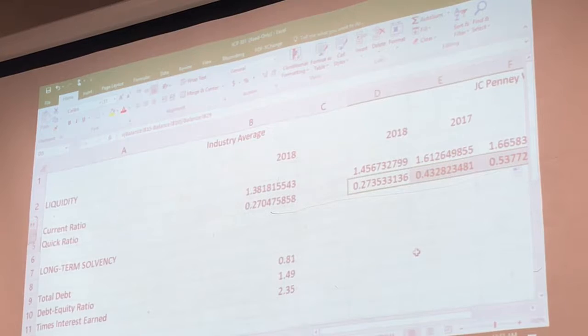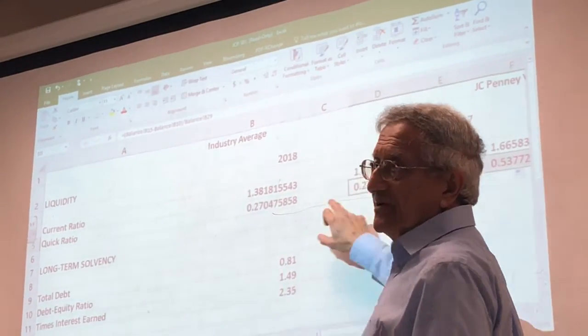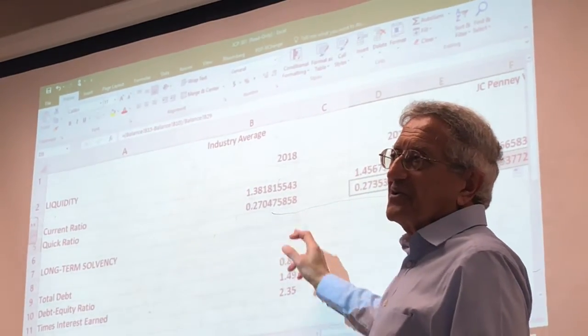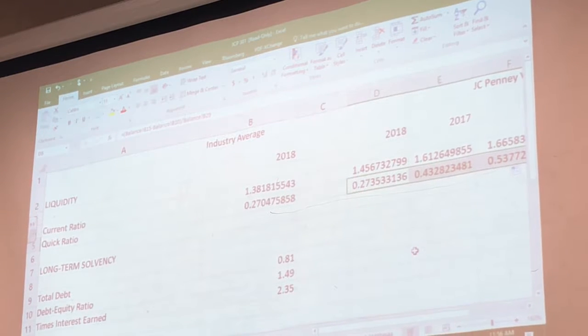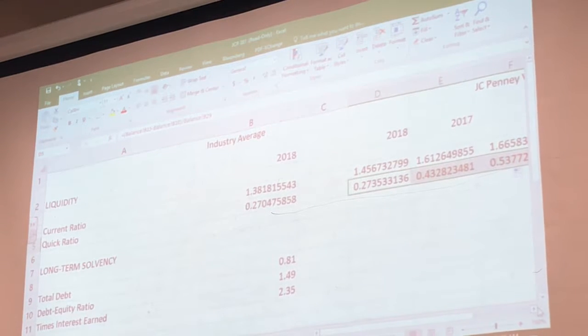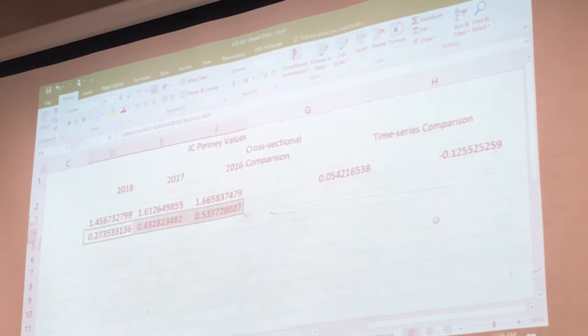So is JCPenney's quick ratio close to the industry average? A little bit higher, very close. So we'll calculate those percent deviations here. Once you have entered the formulas, this is what you do.